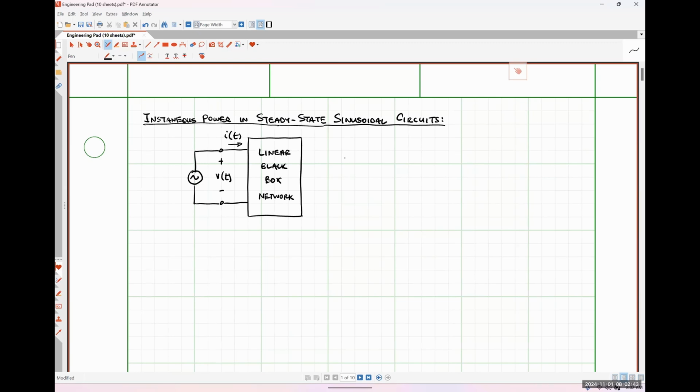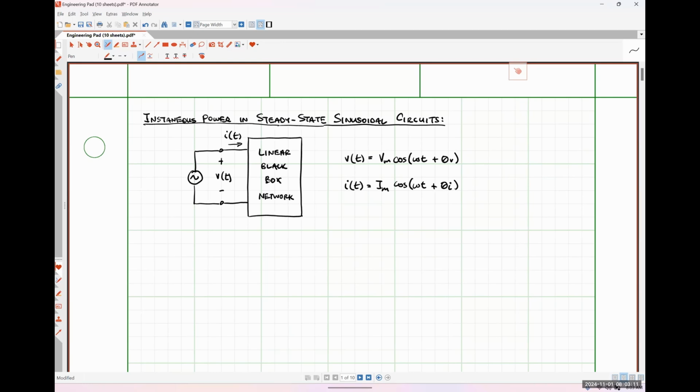So let's say that our voltage V of t is of the form Vm cosine omega t plus some phase angle theta v. And our current waveform I of t is also a sinusoidal function, Im cosine omega t plus some phase angle theta I.